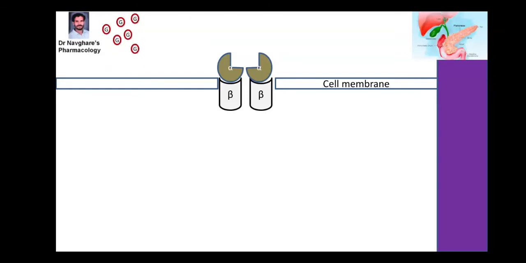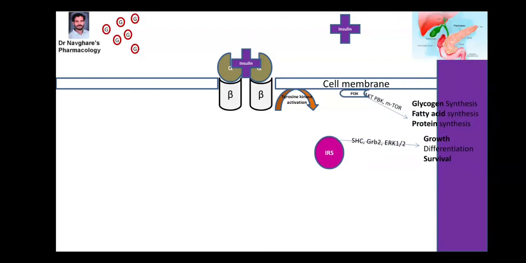When plasma glucose increases, the pancreas senses that increase and releases the insulin molecule. So the insulin molecule acts on the insulin receptor. After binding of insulin to its receptor, which is a tyrosine kinase type of receptor, tyrosine kinase activation takes place.